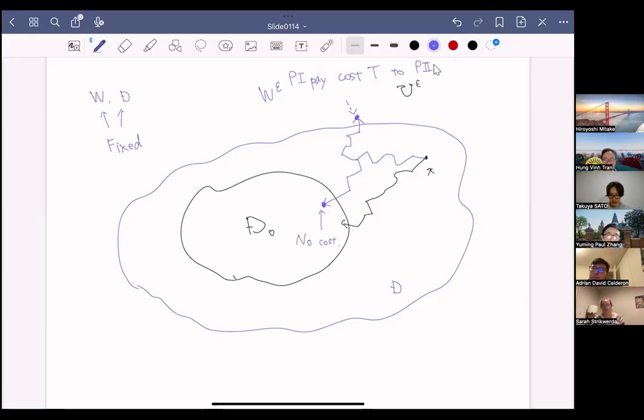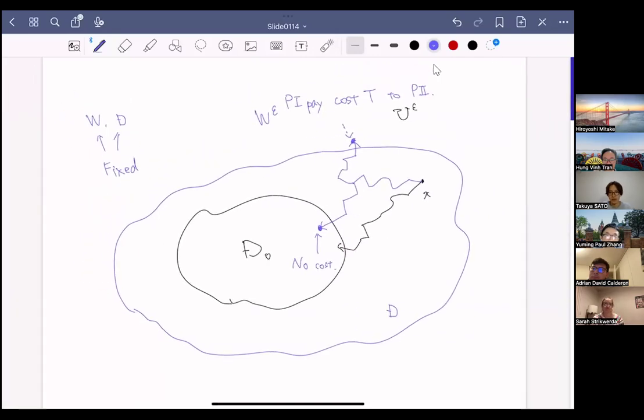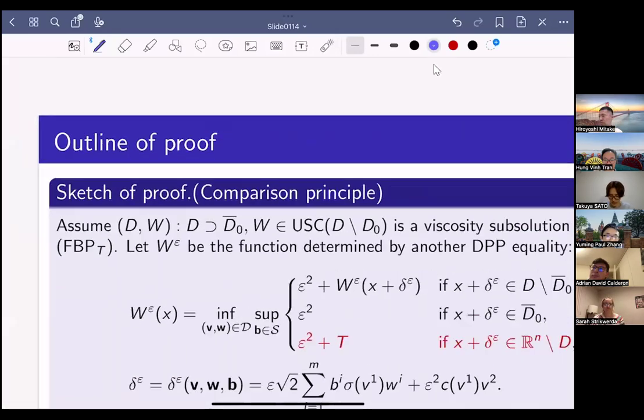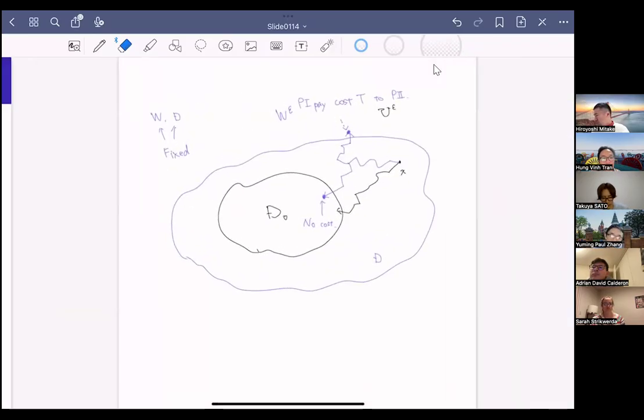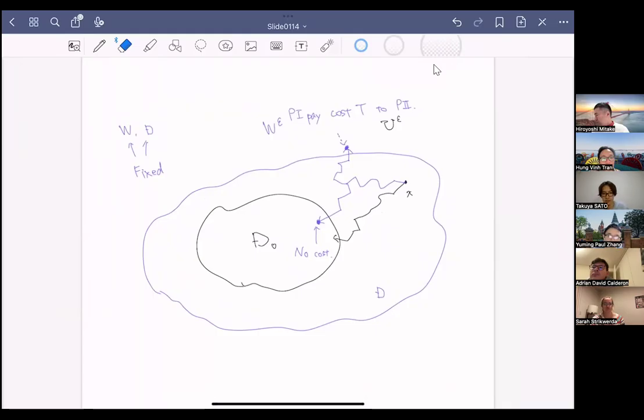Then this W epsilon satisfies this dynamic programming principle. I see. So W epsilon and U epsilon... U epsilon does not have such a penalty.